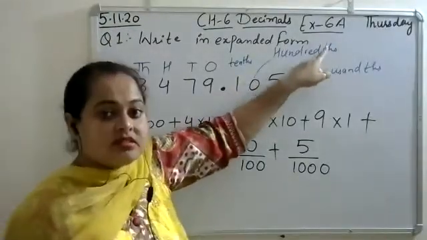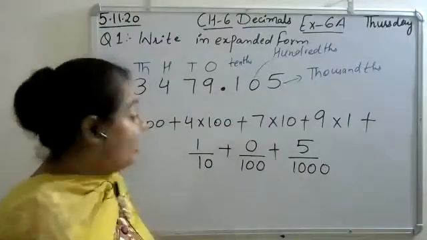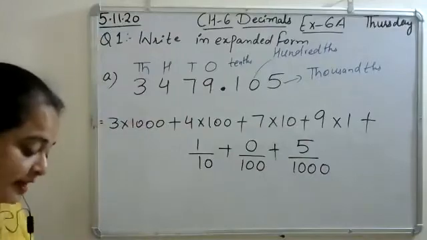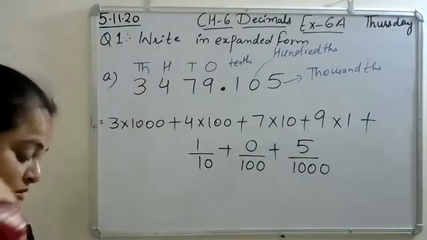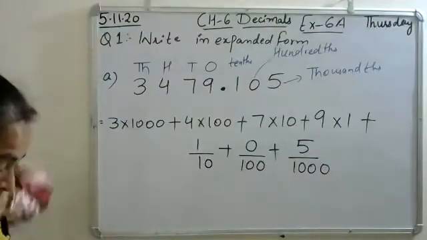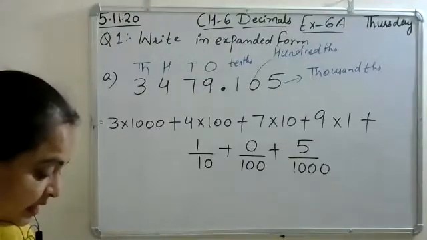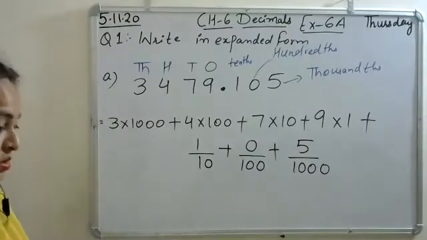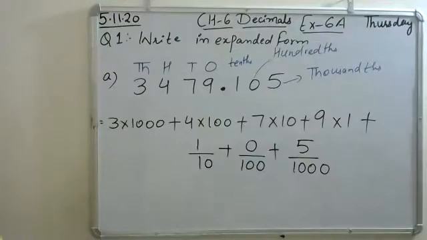This is hundredths, so not multiplied, divided by 100. So write it down. Then we will start the next part and the concept will be clear to you. Write it down. Then we will start the C part.